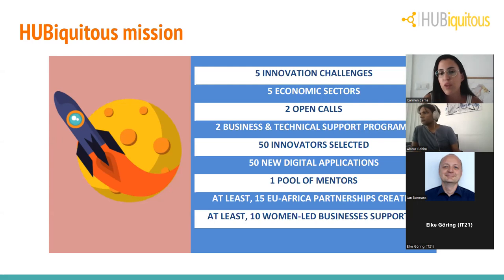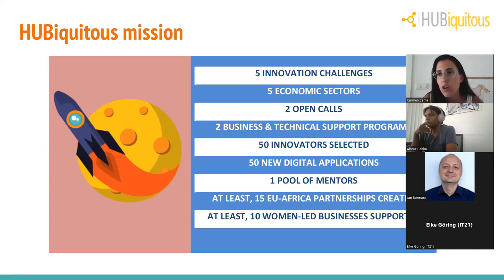So we want to support a total of 50 new digital applications coming from Africa. For this, we already have created a pool of mentors. So we have a pool of experts in different sectors and domains. So as part of the accelerator program, the participants will be able to have this support from experts and mentors.